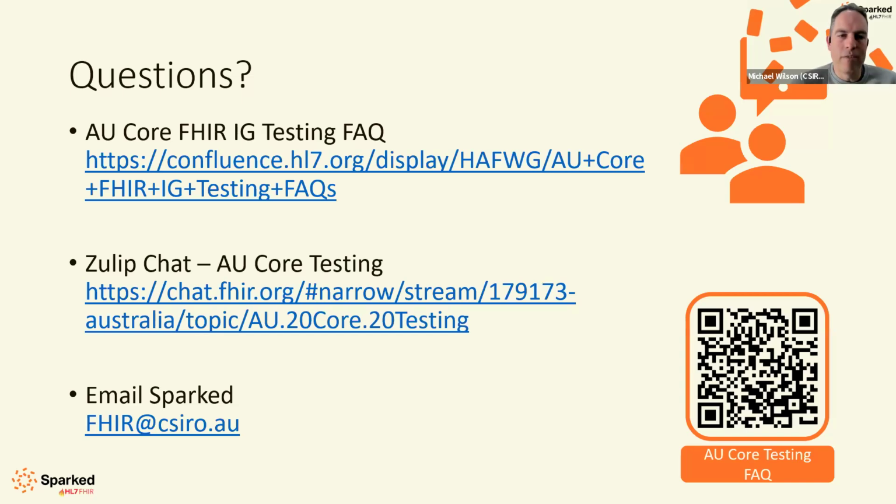So it's only a one-day event. But given that if you've already implemented against AU Base, you can test your system against AU Core on the day and see what's conformant with AU Core, what's not.